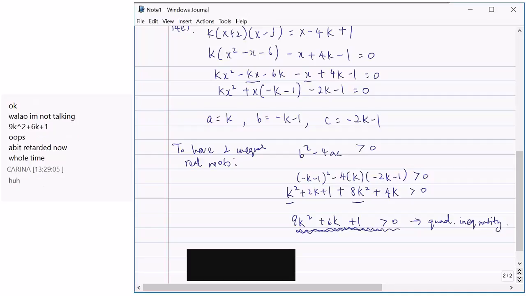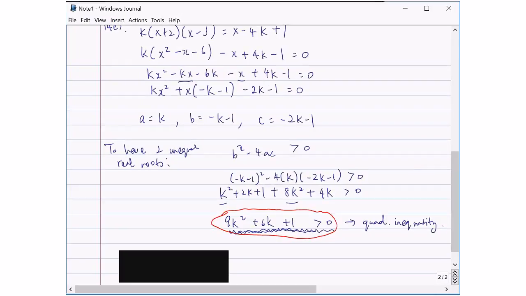What do I do when I want to solve this quadratic inequality, this thing that I'm circling in red? What's the first thing I do from yesterday? What's the first step?